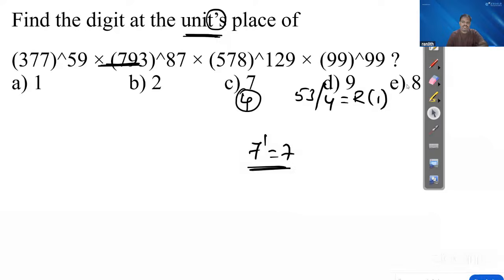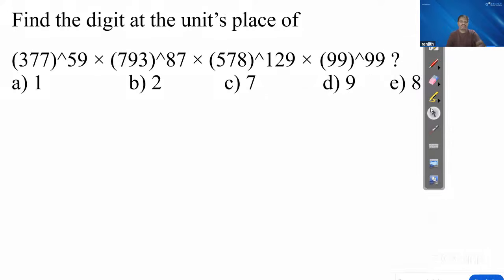So what is the answer of the next question? Seven power 59.